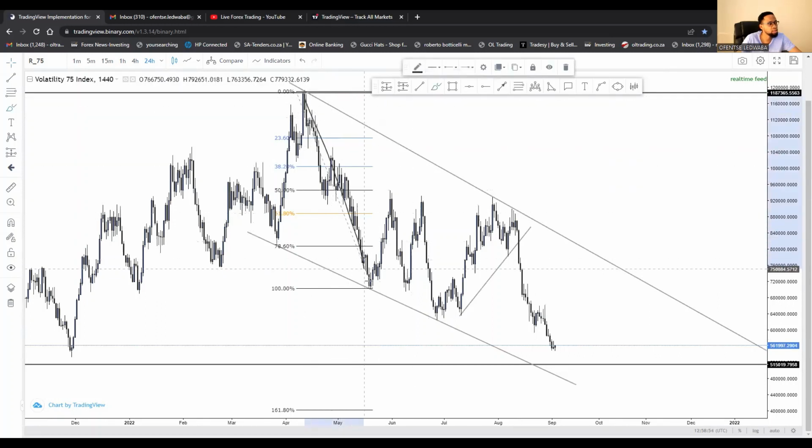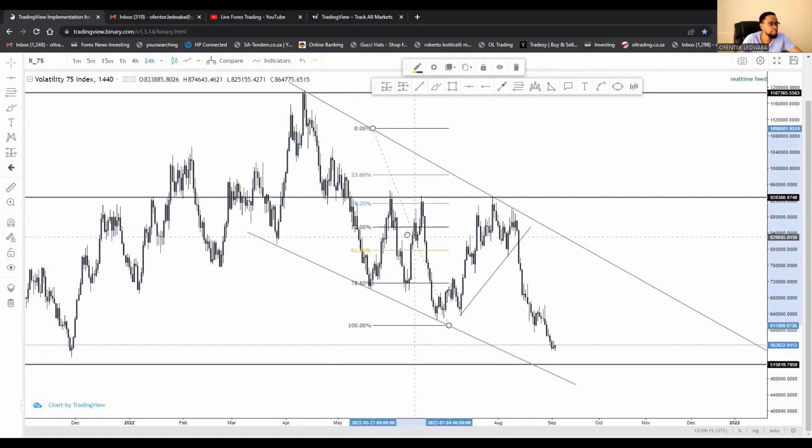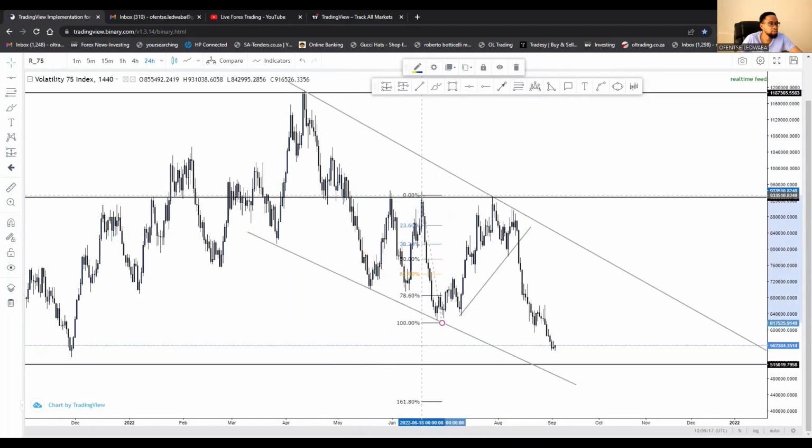The 50% of this came here and then pushed down, came back to retest, which formed now a triple top. So this area is very significant. Now I take this and see where this was. So you can see it was a 100% retracement of this leg, 100% retracement.